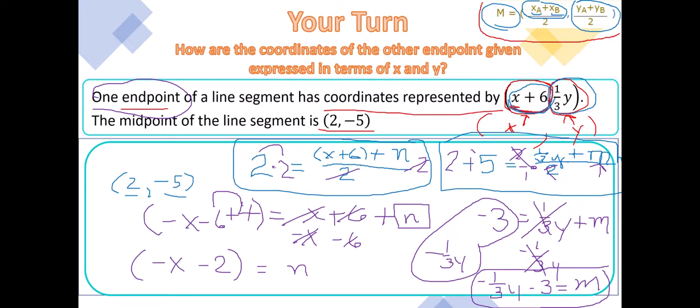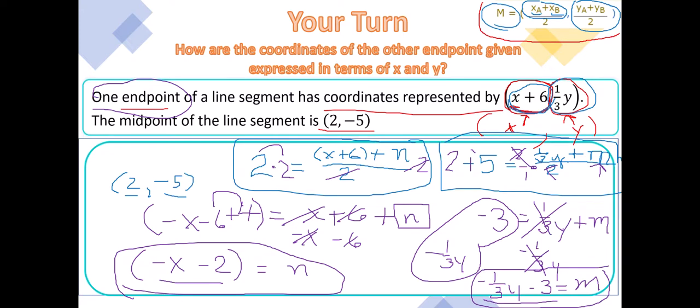Okay, so we have our x, which we called n. That's negative x minus 2. And we have our y of the other endpoint, which we called m, to solve and get this answer, negative 1/3 y minus 3.